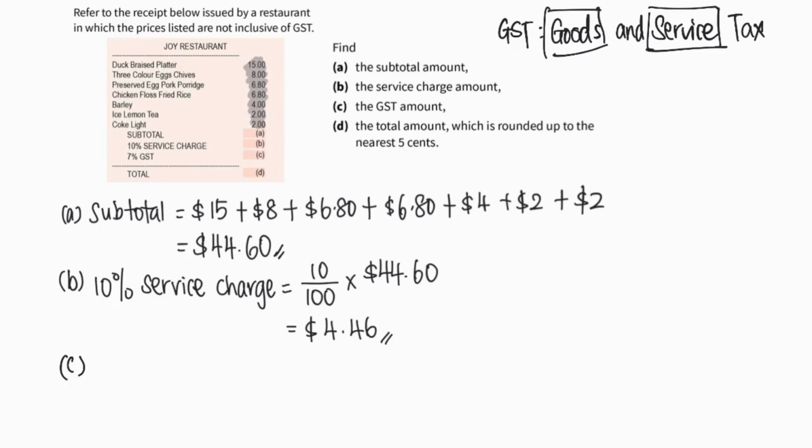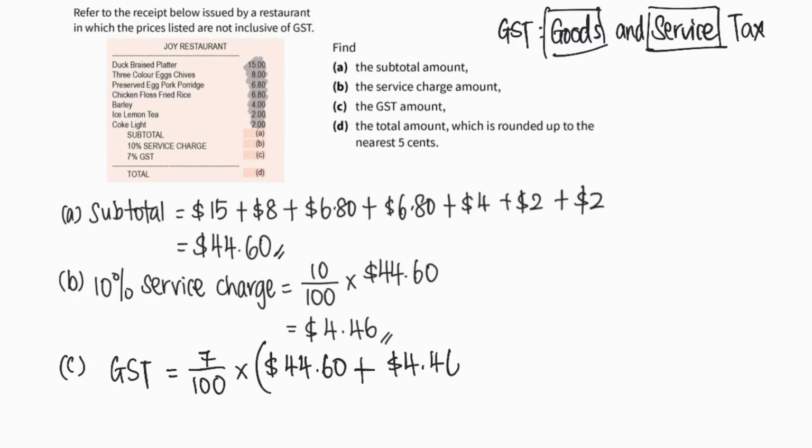The food. That means in order to calculate the GST amount, which is 7% of the goods, the goods is $44.60, and the service, which is $4.46.